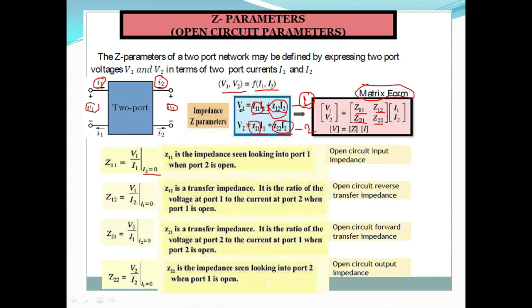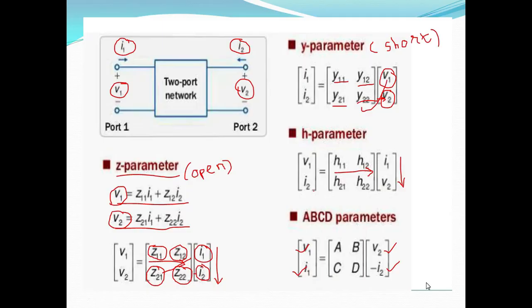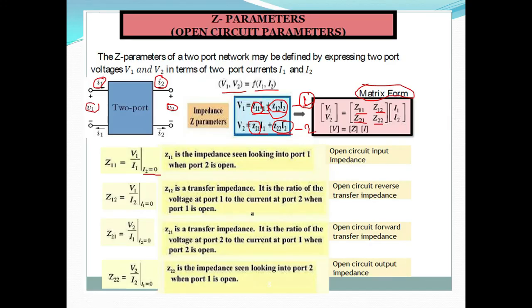Once we substitute I2 equal to 0, Z11 is equal to V1 upon I1, which means this port should be open circuited. Here Z11 equal to V1 upon I1 when I2 equal to 0, and this Z11 is the impedance seen looking into port 1.